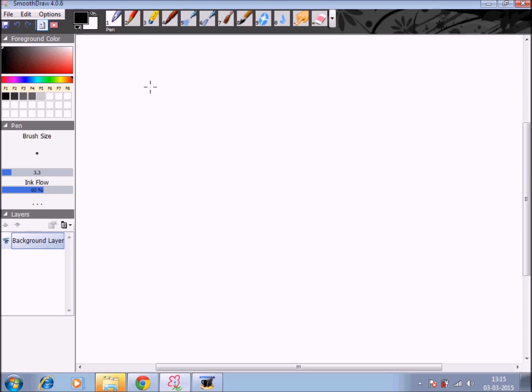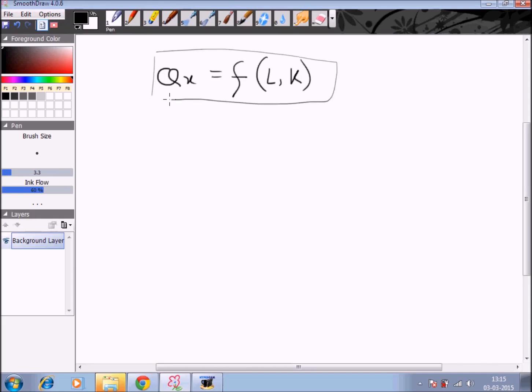Suppose I talk about a very simple production function, that is quantity of X, the commodity produced, is a function of labor and capital. This is a very simple production function where I have used only two inputs, labor and capital, and because we are studying the long run, both labor and capital will be variable, that is they will change with the change in the output produced.